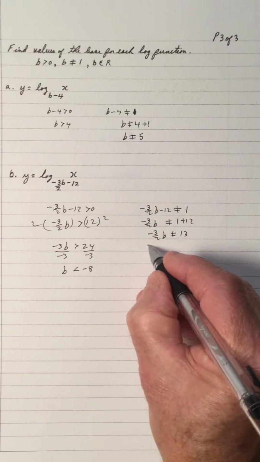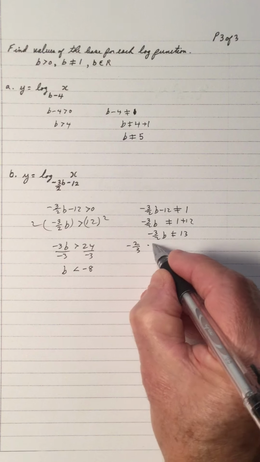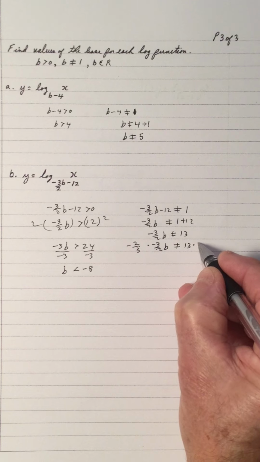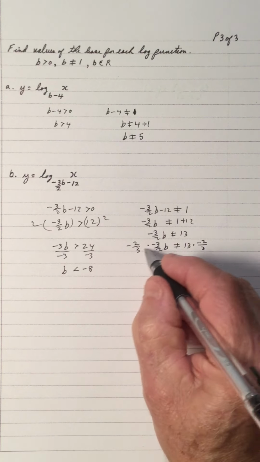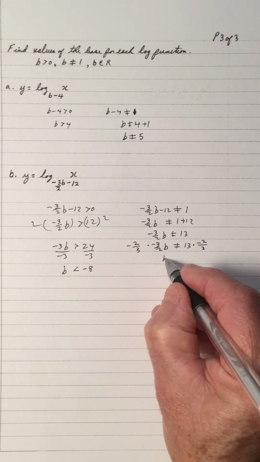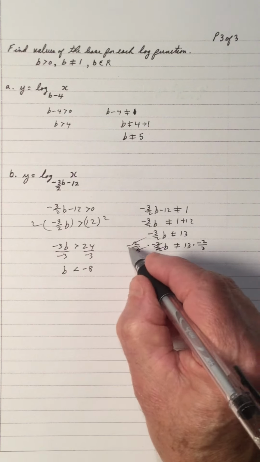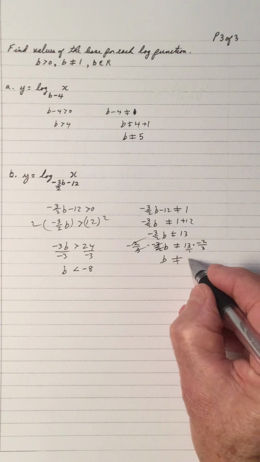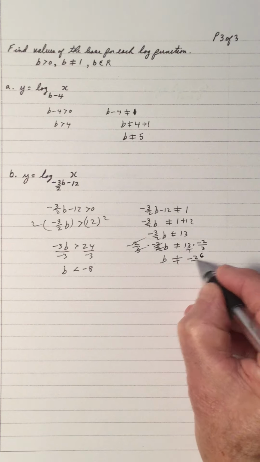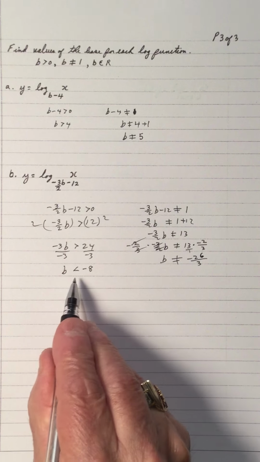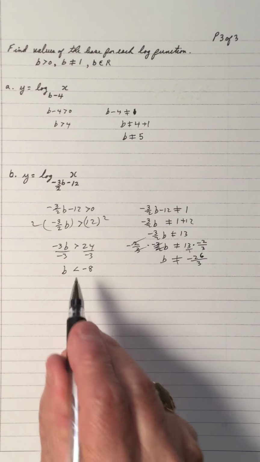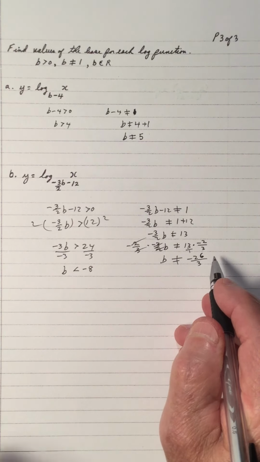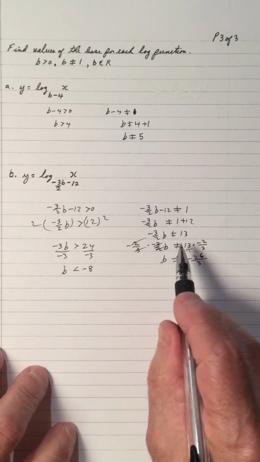And we can also think about multiplying by negative 3/2 on each side. 13 times negative 3/2. So b is less than negative 18, and b cannot be negative 39/2. So there are some extra questions when we work out the equations later on that we have to keep track of.